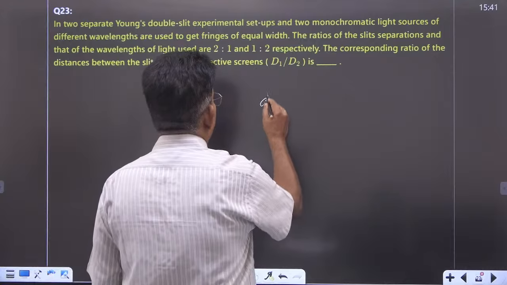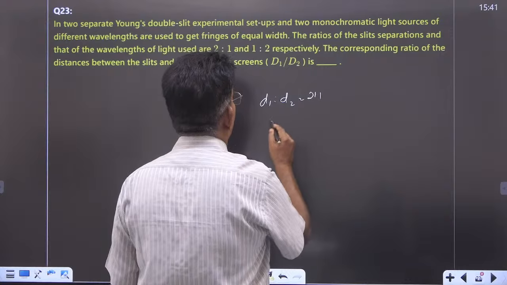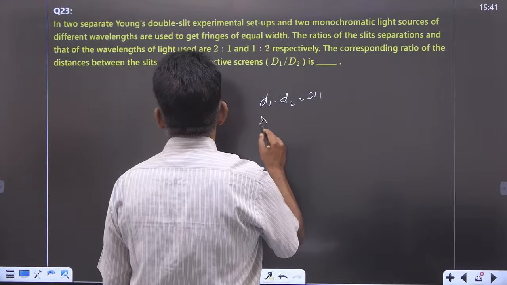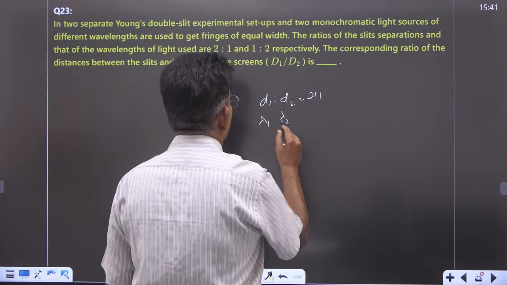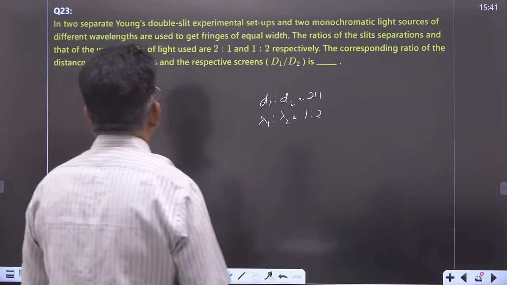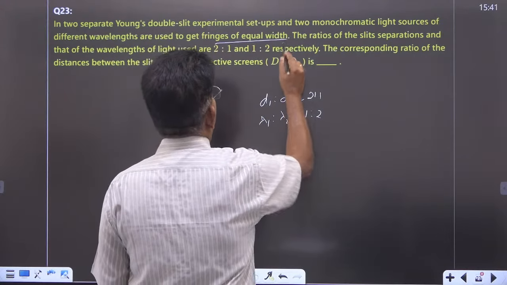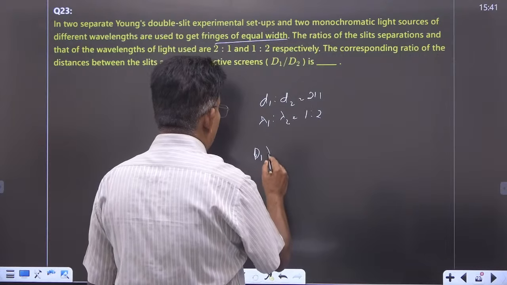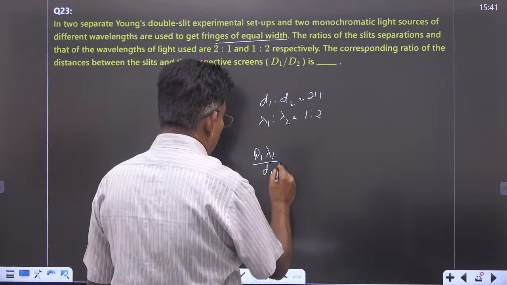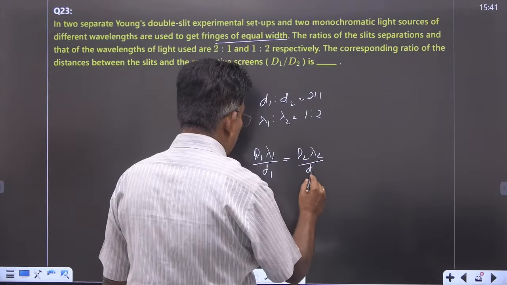So d1 is to d2 is equal to 2:1, and lambda 1 is to lambda 2 is equal to 1:2. They have told us that they have equal fringe width. So lambda 1 D by d1 is equal to lambda 2 D by d2.